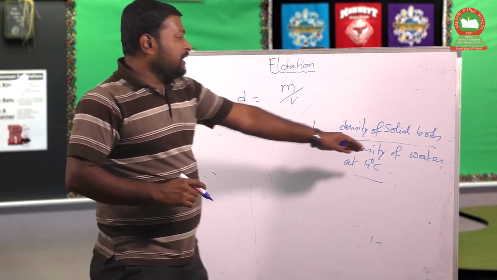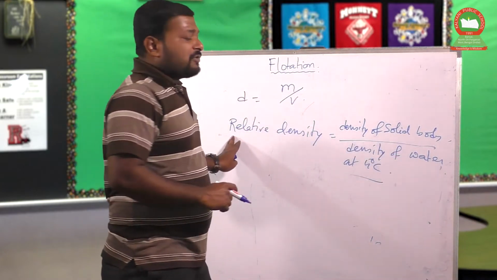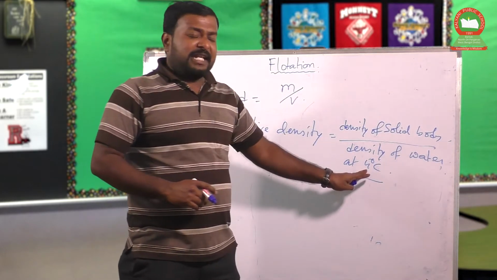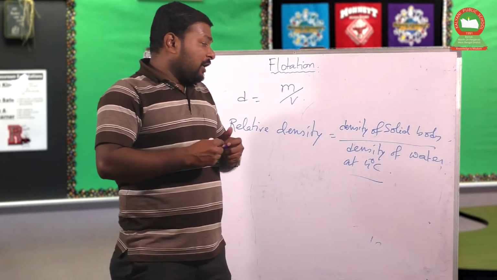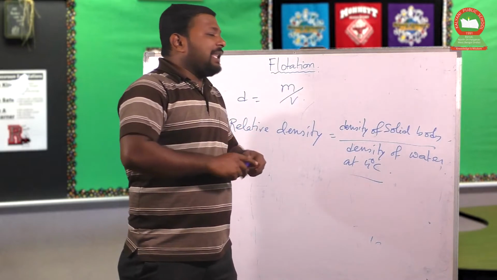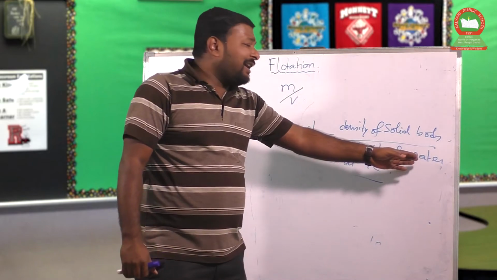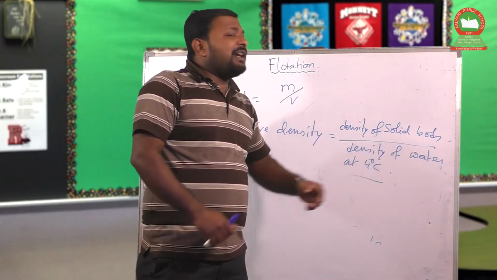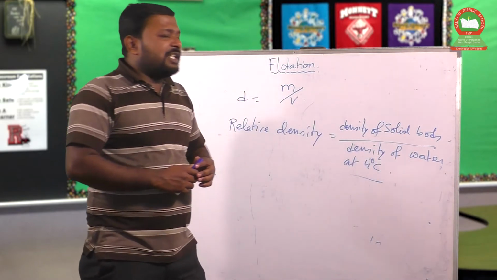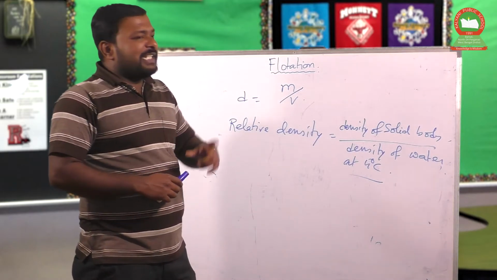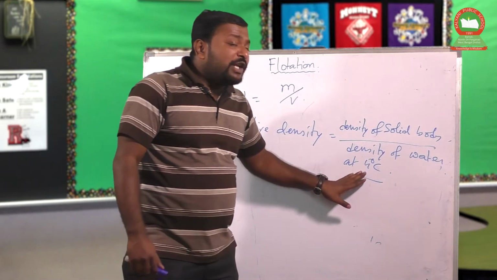Now there is an important concept. Why do we use water for calculating relative density, and why at 4 degrees C? There is an important consequence called the anomalous expansion of water. It is the standard unit of measurement because water has a density of 1 gram per cubic centimetre, so it is a unity quantity. And why 4 degrees C?